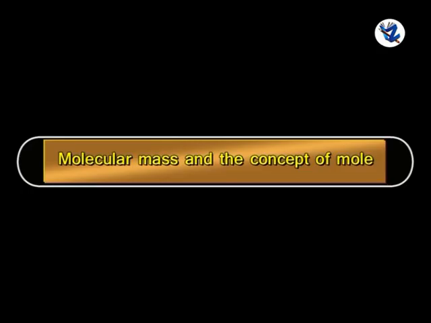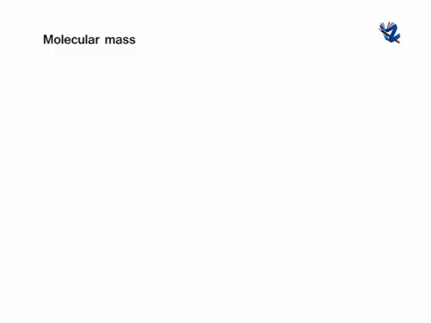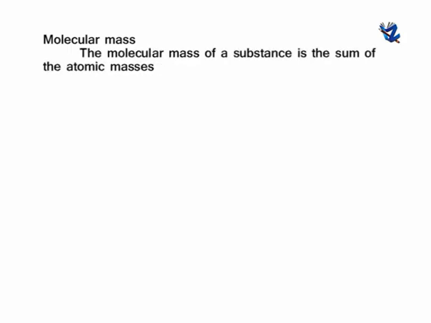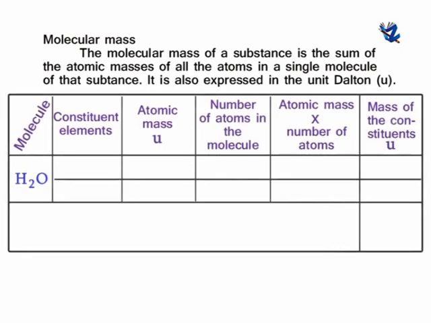Then, molecular mass and the concept of mole. Molecular mass. The molecular mass of a substance is the sum of the atomic masses of all the atoms in a single molecule of that substance. It is also expressed in the unit Dalton. For example, the H2O molecule has the constituent elements hydrogen and oxygen.